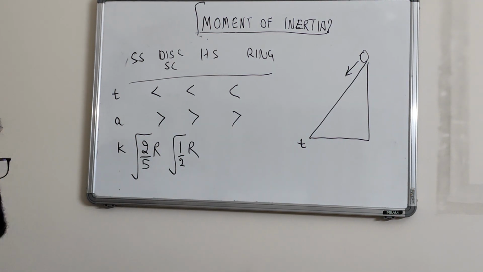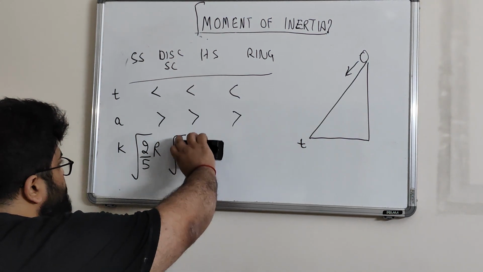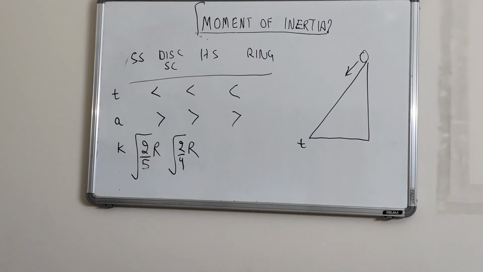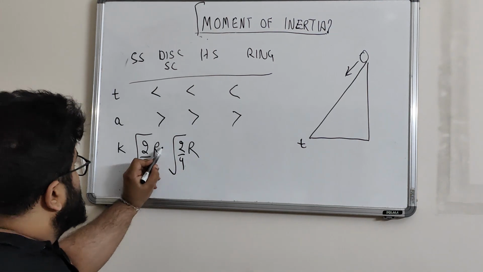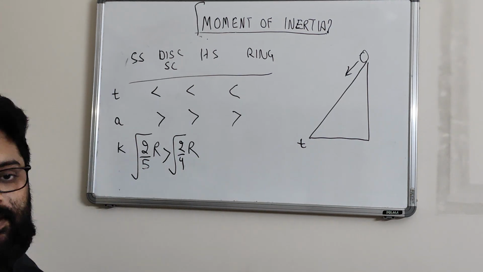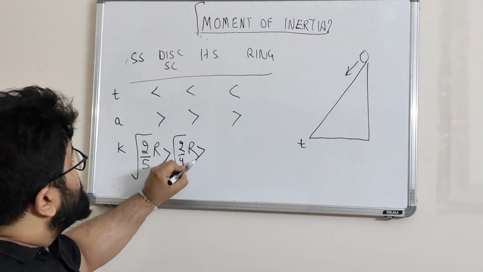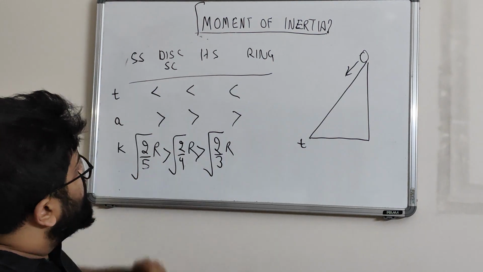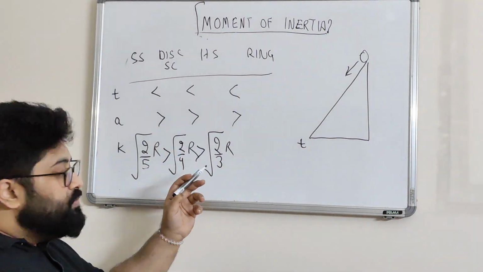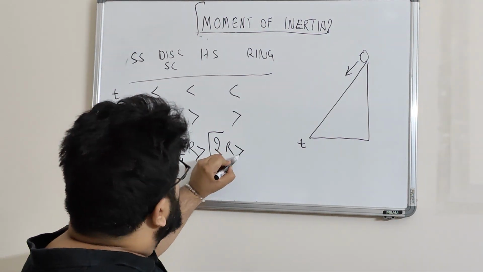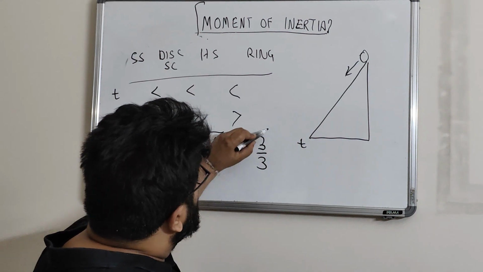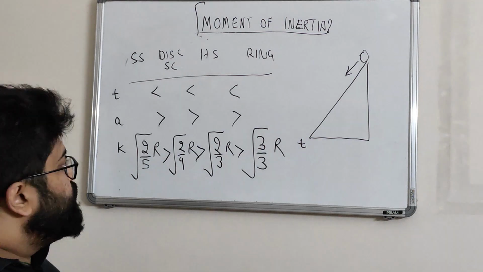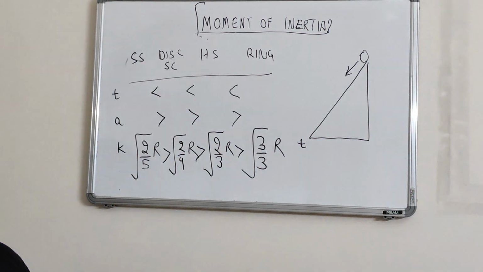We can just write 1 by 2 as 2 by 4, you can see it's increasing along with the acceleration. Similarly, we have for the hollow sphere root of 2 by 3 r, and for the ring 3 by 3. This is just r, so you can write it as like this.